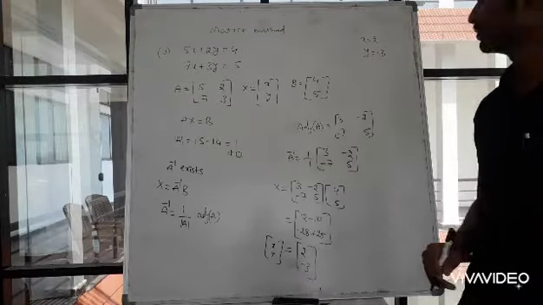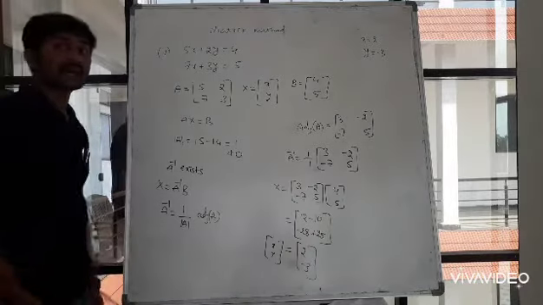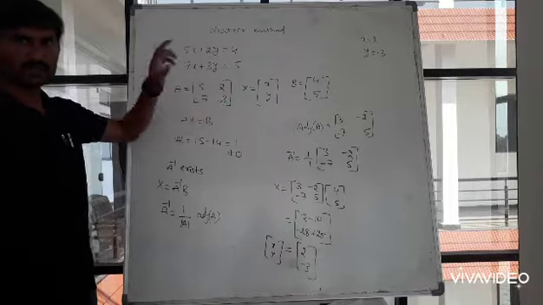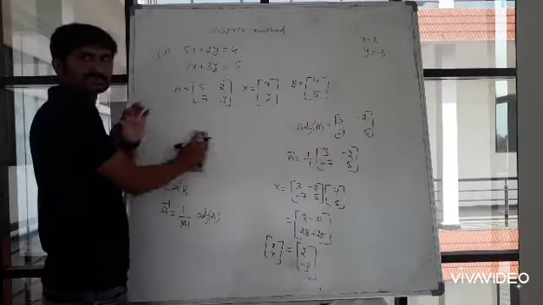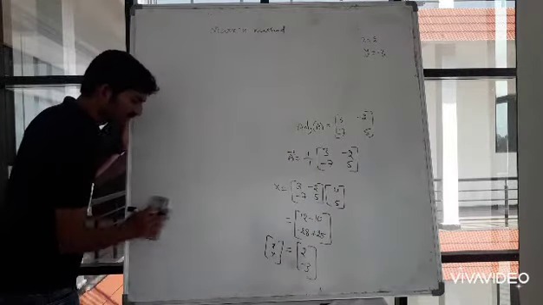This is how to solve a system of equations by using the matrix method if it is a 2 cross 2 matrix. Okay. Next, we consider an example of the same type.